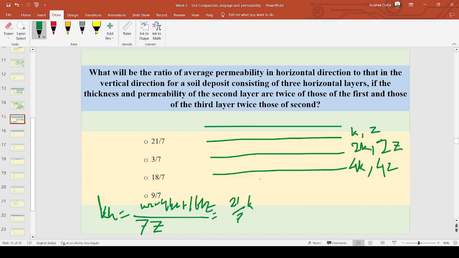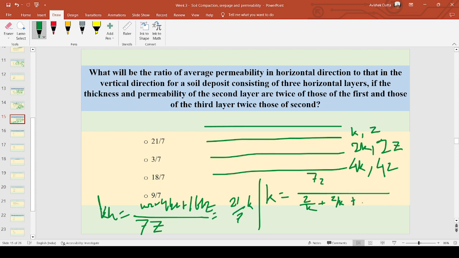Now do the same for vertical. K vertical is total thickness divided by the ratios, that is 7Z whole divided by Z1 by K1, Z by K, 2Z by 2K, 4Z by 4K. In other words, 2 gets cancelled, 4 gets cancelled. I'll write it down. Z by K plus 2Z by 2K, that means Z by K only.